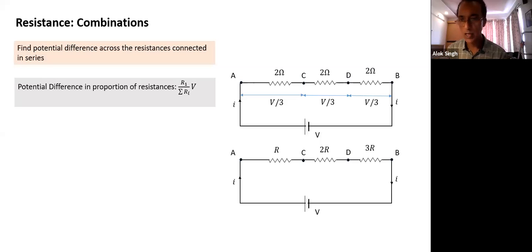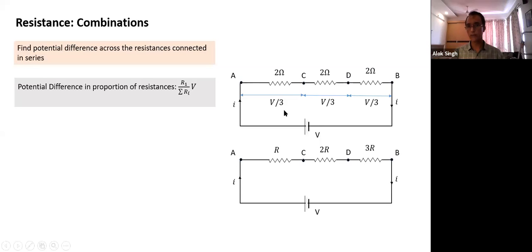In a similar way, now this time, all of you calculate for this circuit. What is VC and what is VD? The potential drop can be written in proportion. So this time I am not asking potential at points C and D, I am asking potential difference across resistance. So what is the potential difference across this one? What is V1? What is V2 and what is V3?